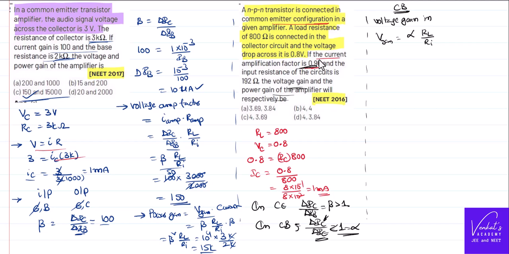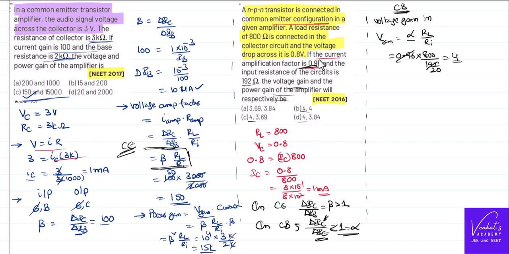See here, we have written a formula, beta into RL by RI in common emitter configuration. In common base configuration, the amplification factor is alpha. It was given as 0.96. Output resistance is given for you as 800 ohms. Input is given for you as 192. So this is 20 times 20 by 800 is 4. So voltage gain is 4, that is available in all these options, so any of this is correct.